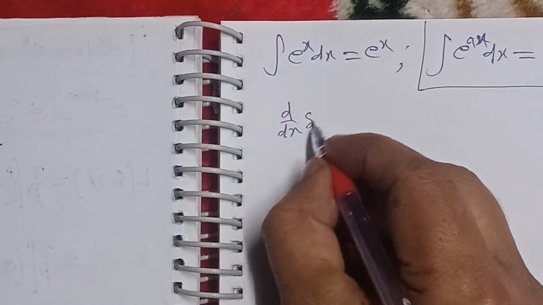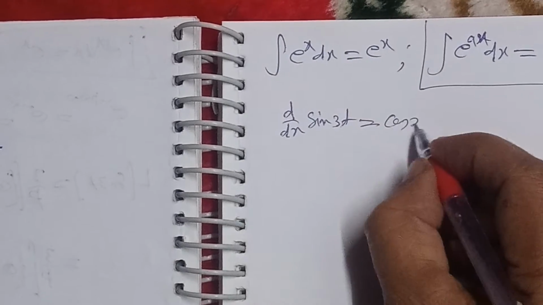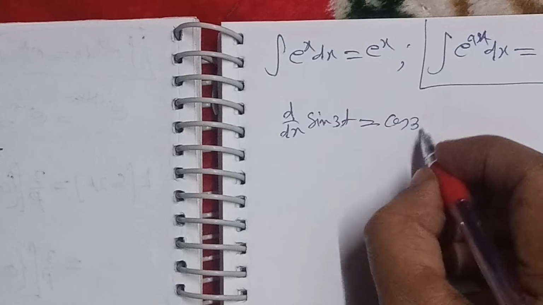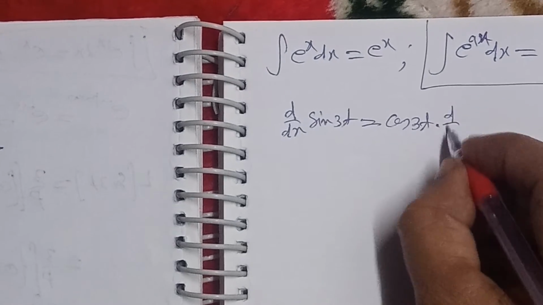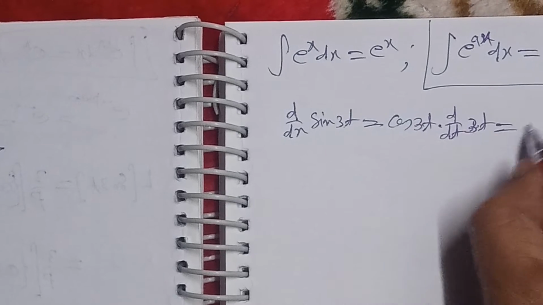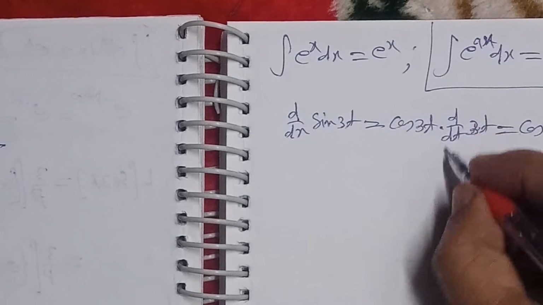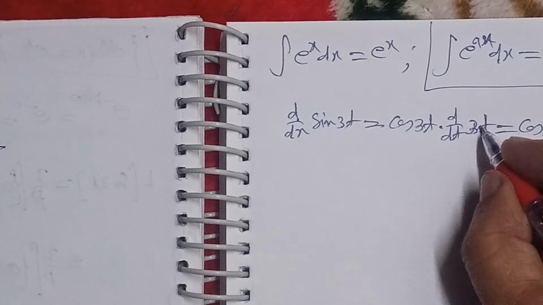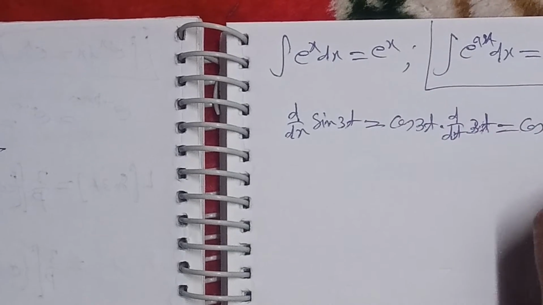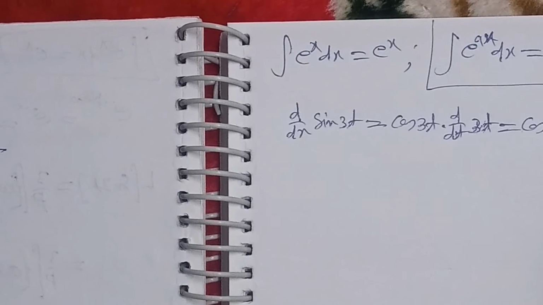Differentiation of sine 3t is cos 3t, but it is not t, so we differentiate 3t. 3 is constant, so I take 3 outside from differentiation, and differentiation of t with respect to t is equal to 1. So we can write it as 3 cos 3t.